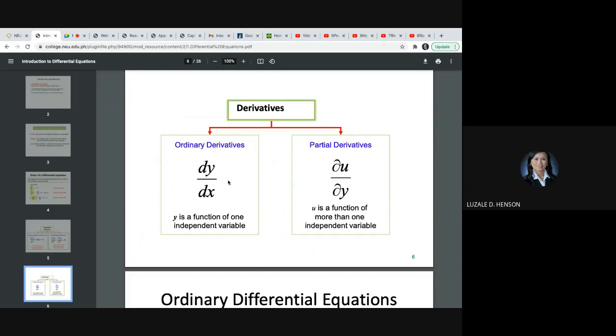For the partial derivative, u is a function of more than one independent variable. So the independent variable could be more than one. In this case, you can only see y, but one characteristic of a partial derivative is it could have more than one independent variable.